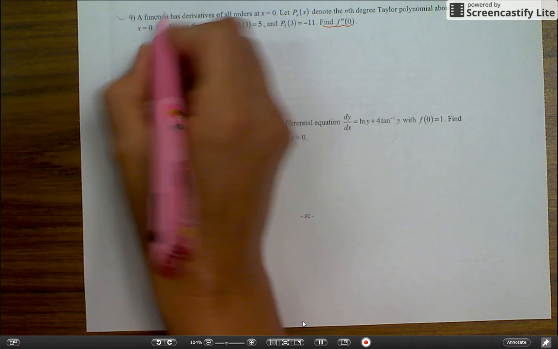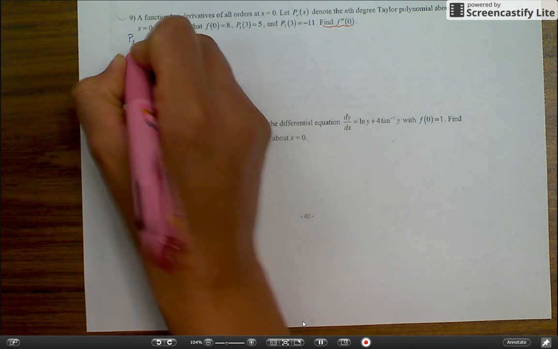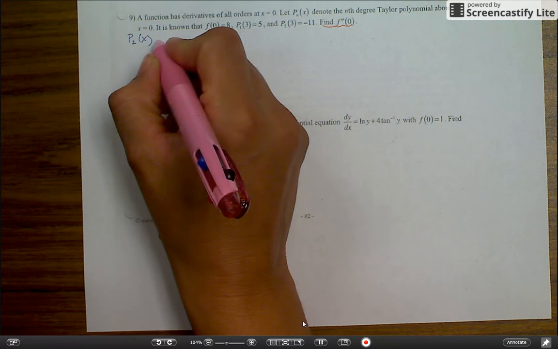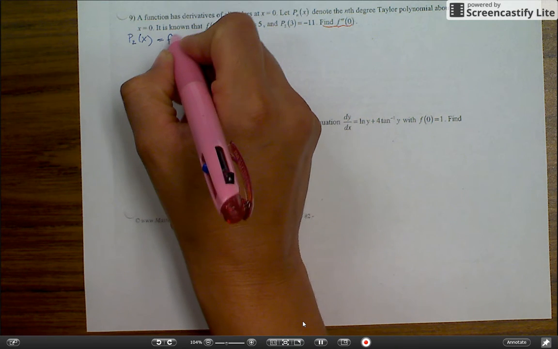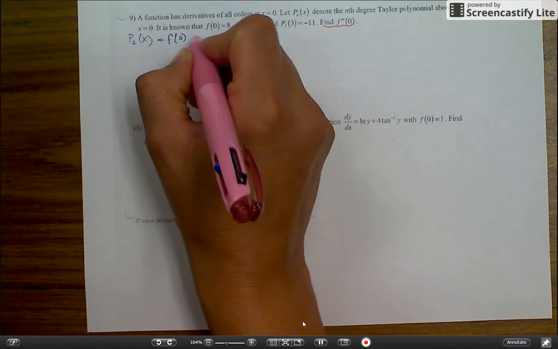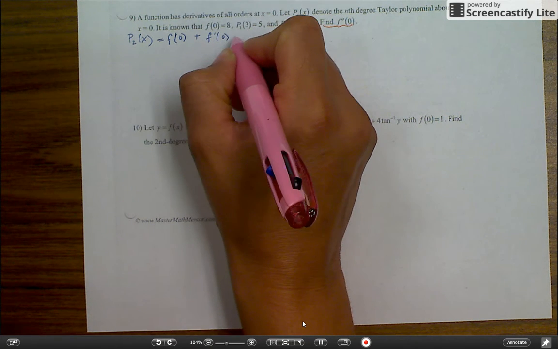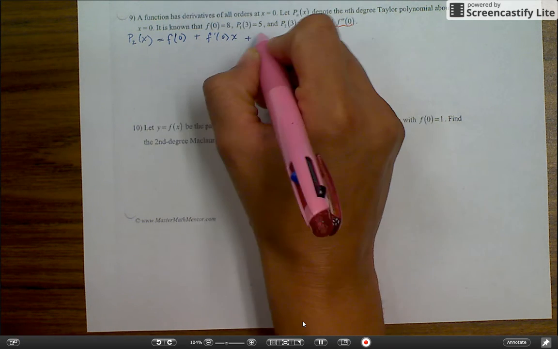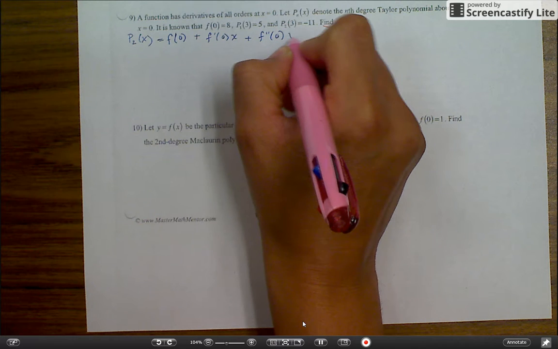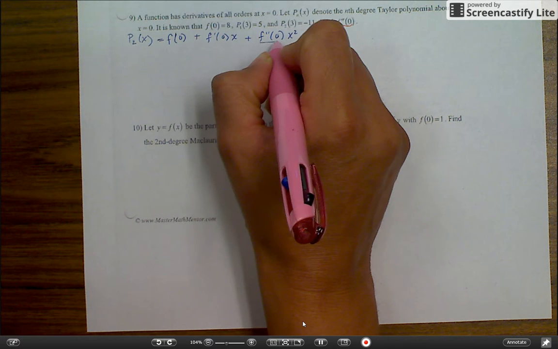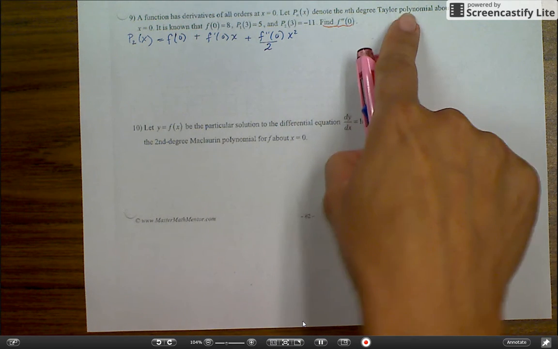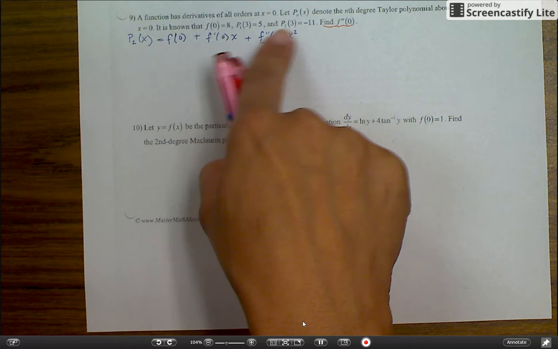So this would be f of 0 plus f prime of 0, x to the first power, divided by 1 factorial, plus f double prime of 0, x to the second power, divided by 2 factorial, which is 2. Okay, so this is our expansion for the nth degree, and we're doing the second degree.